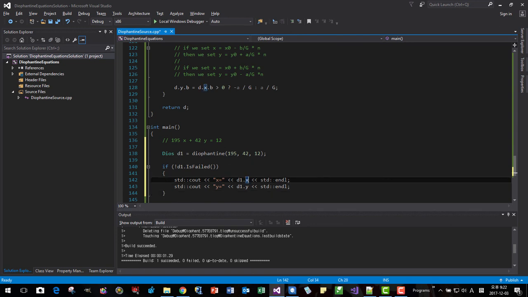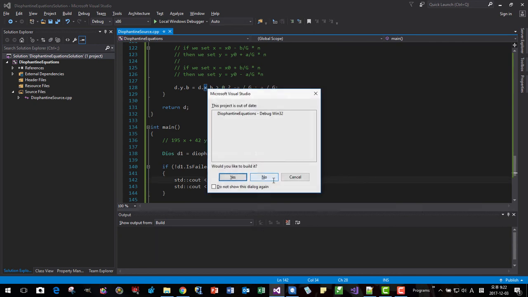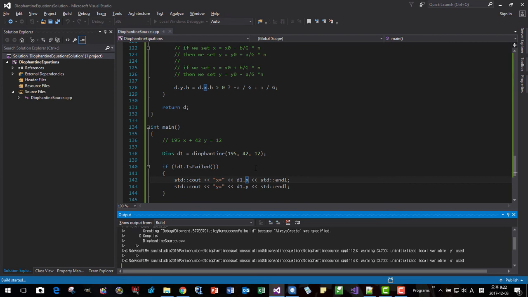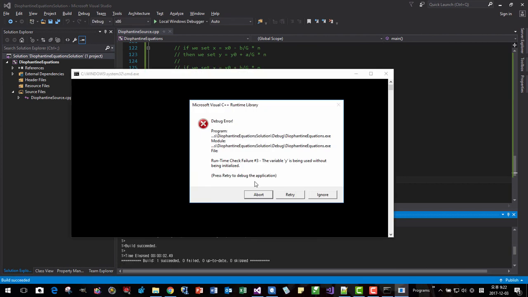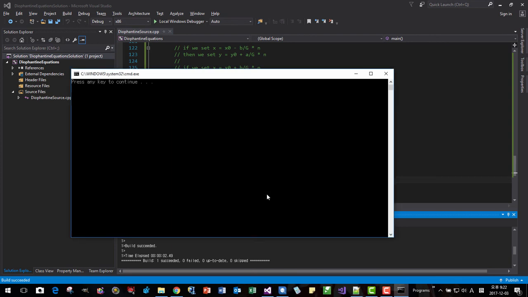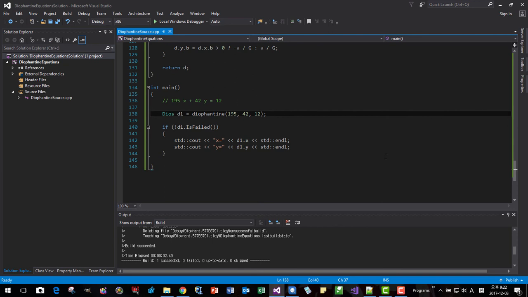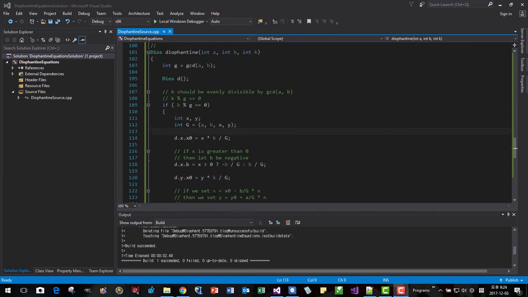Now let's see. Control F5. Abort. Let's see what's the problem. I made a stupid mistake here.